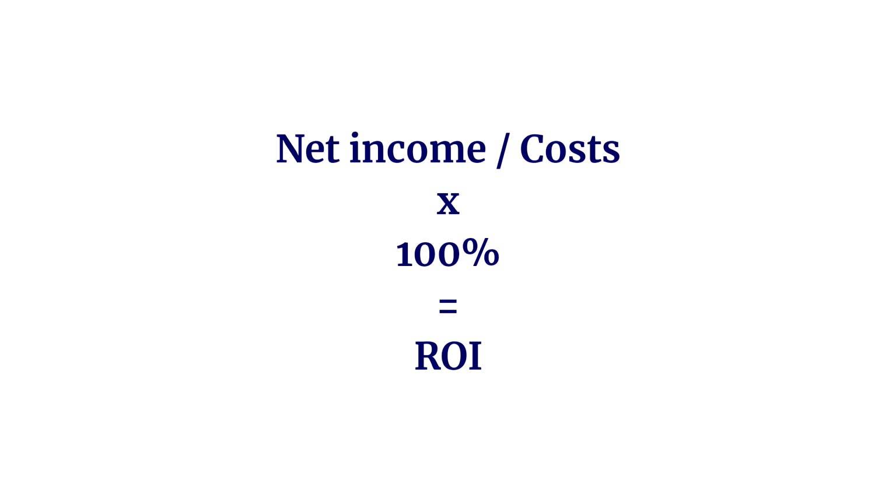You just need to divide the net income from your social media by the cost involved in managing your social media and the cost of the campaigns, the part that we discussed before, and multiply this number by 100. This way you will find the percentage that will be equal to your ROI.